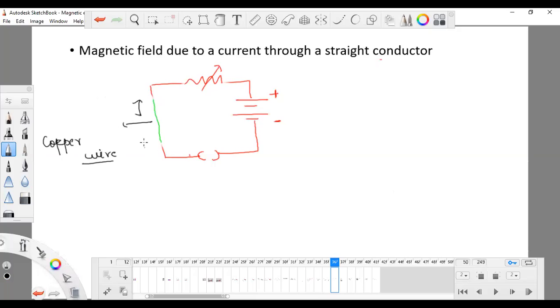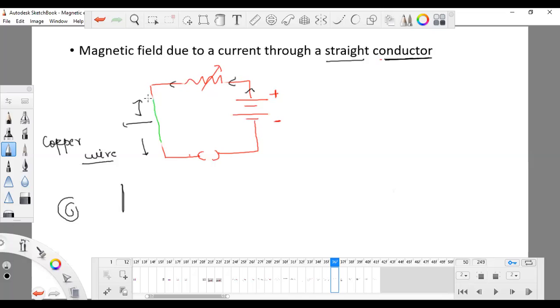It is in a straight position. Neither is it in circular form, nor in any other form. It is just a straight wire. That's why it is known as a straight conductor. You can use another type of metal, but if it is present in a straight line like this, it is known as a straight conductor. So how will the electricity move?